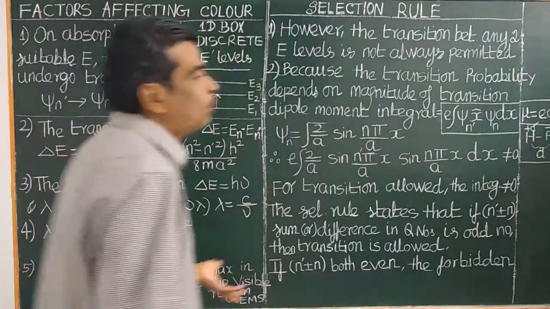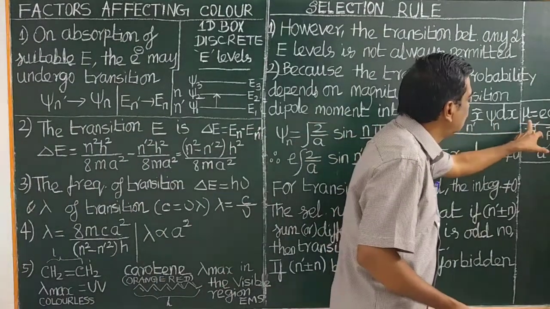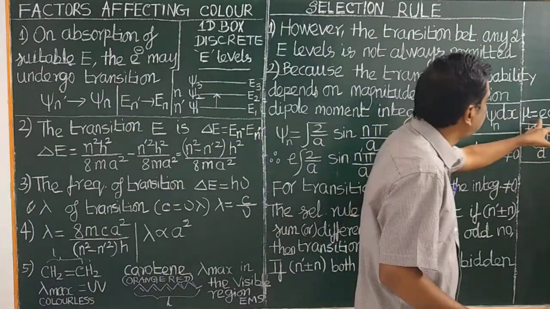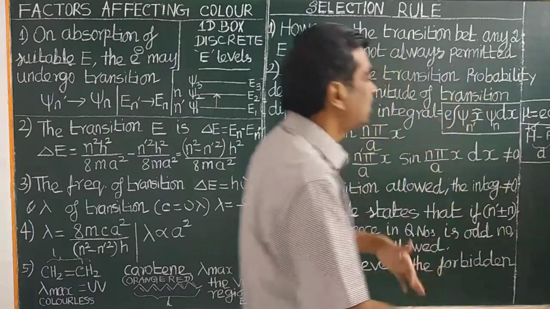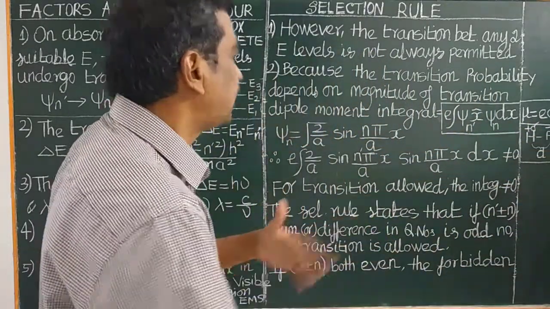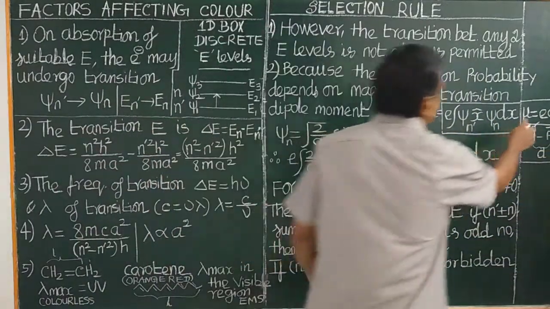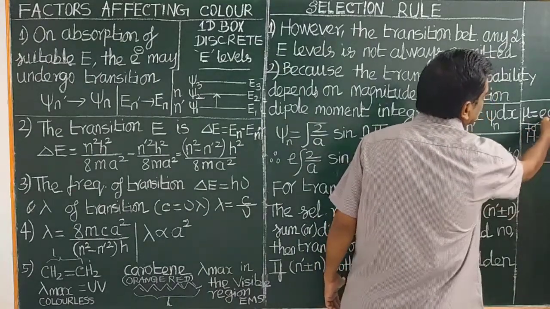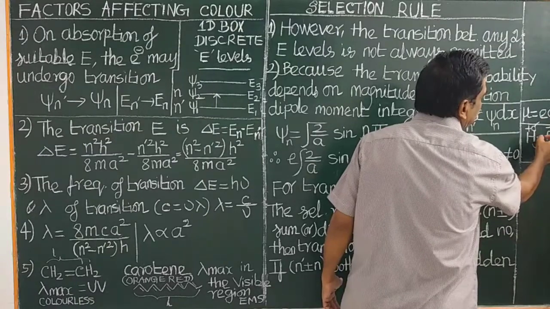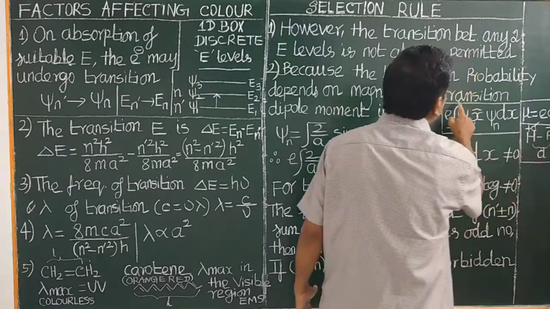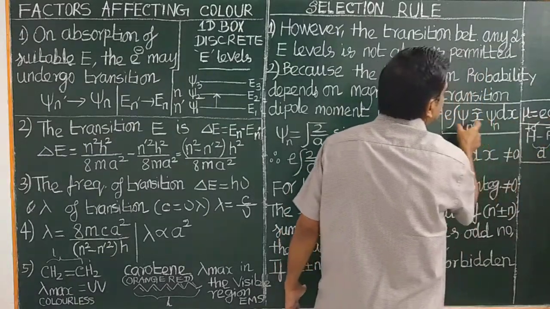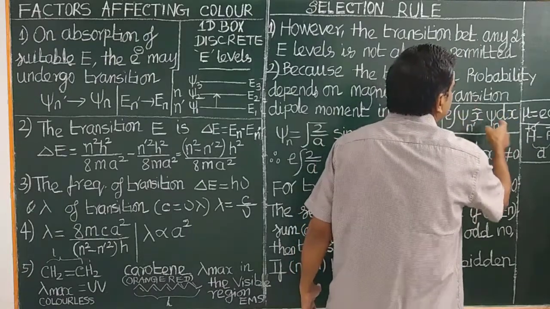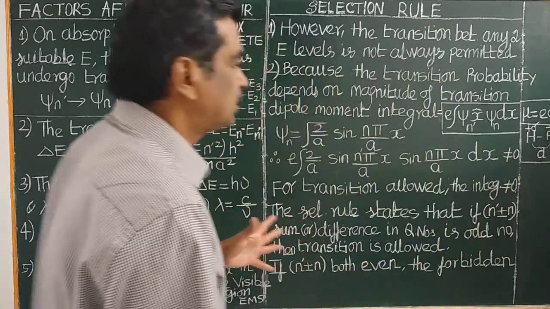What is dipole moment? For a molecule, the dipole moment is calculated using this relation I have shown in the last few slides. Please watch that. Therefore, mu equal to e into d, where d is the distance between the two atoms in a molecule. Therefore, e into d, which is nothing but the average distance, average x.